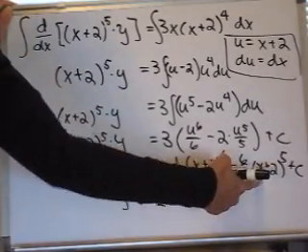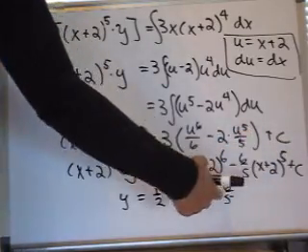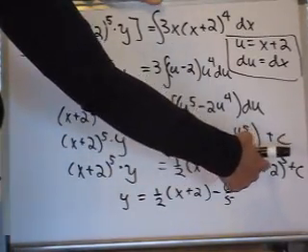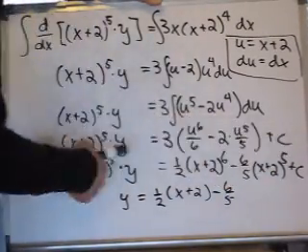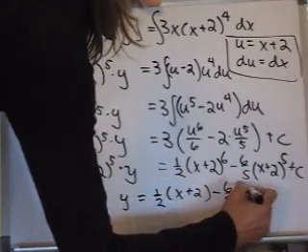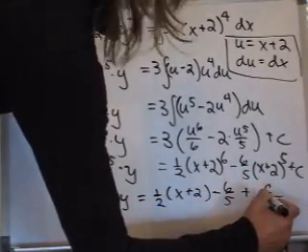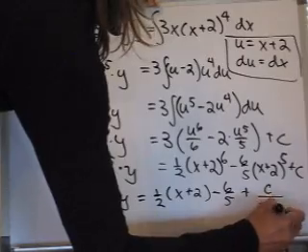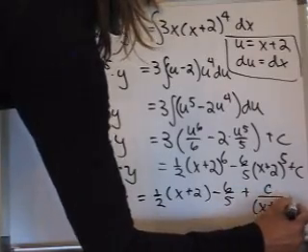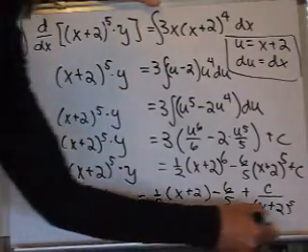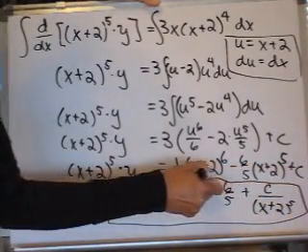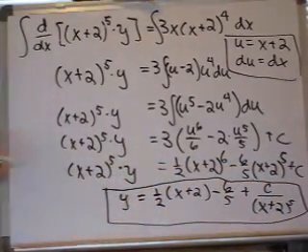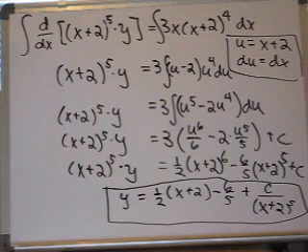This term divided by x plus 2 to the 5th leaves me with just negative 6/5 because the x plus 2 to the 5th in the numerator and denominator cancel. And the last term is c over x plus 2 to the 5th power. So that is the answer. Since there are no initial conditions given, I can't solve for that arbitrary constant. So that's the solution to that differential equation.